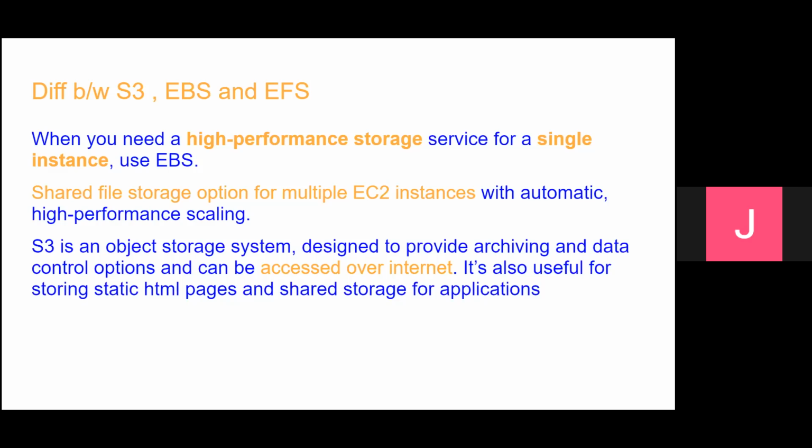So S3 Glacier is used for data which you access once in a year or once in 10 years. For example, old songs. So T-Series, they are using S3 Glacier for storing the songs which they have recorded.